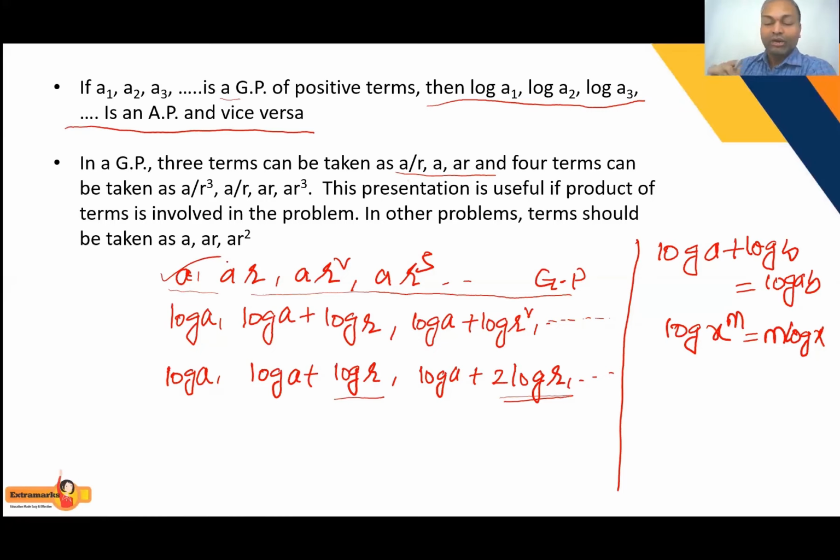Now observe this one. 3 terms are there or 4 terms are there. How to select them? Instead of learning one order by heart, you see. First I am writing A as it is. R is the common ratio. On the left side the division operation is applied, on the right side the multiplication operation I am applying.